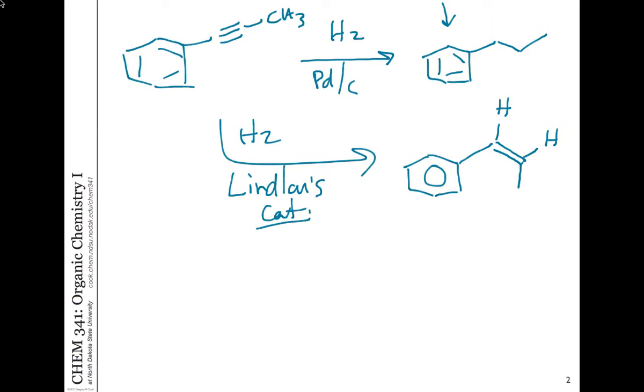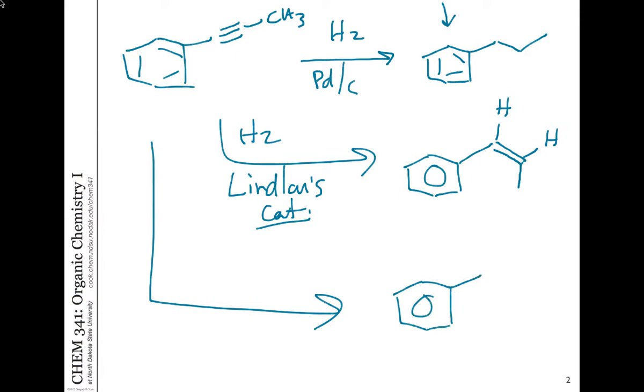We have to change the mechanism to get the trans compound, right? We can do this reaction to get the trans compound, but we need different conditions. Remember what those are? Ammonia is the solvent, yes, good. But we need something to transfer electrons.